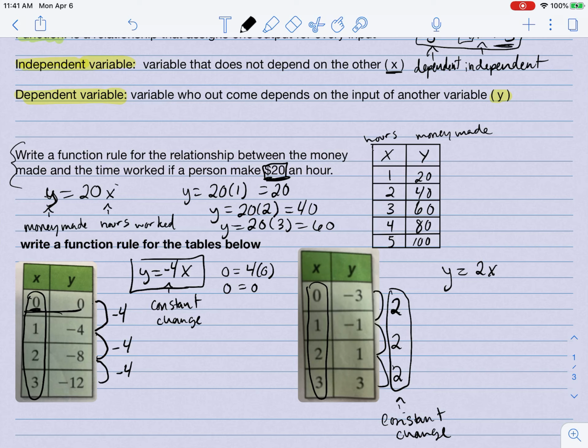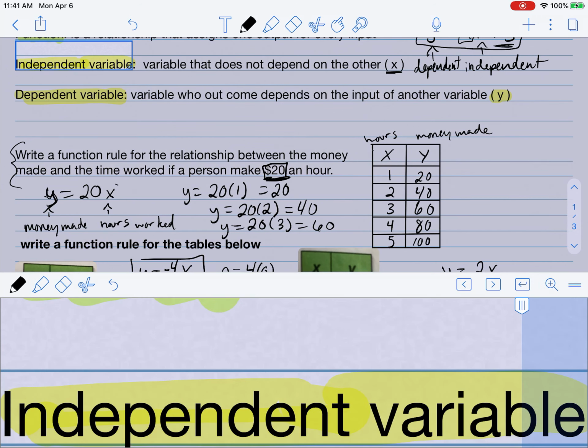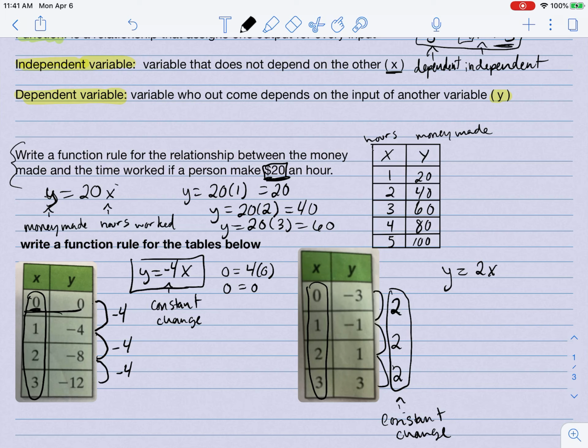Okay, now we want to once again just plug in and see if this is all we need. So we know that y equals -3 when x equals 0. So we get -3 is equal to 0. That is not true. So this tells us that we need to add a plus b to get it to be true.